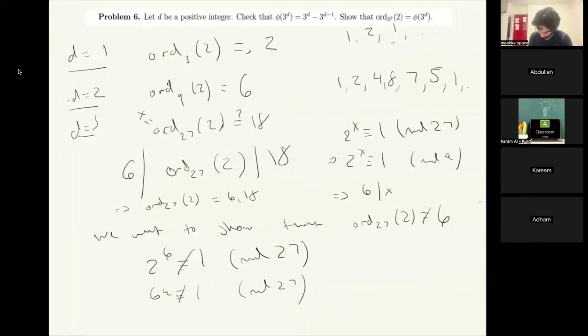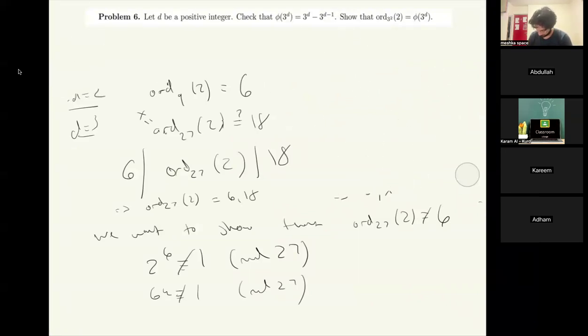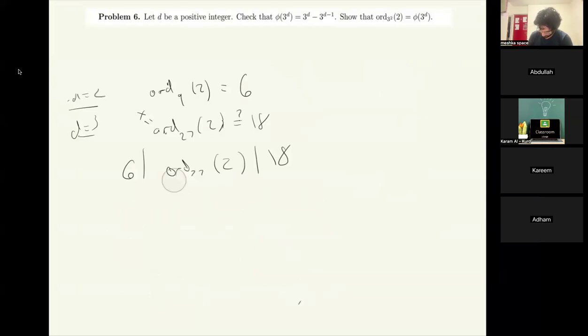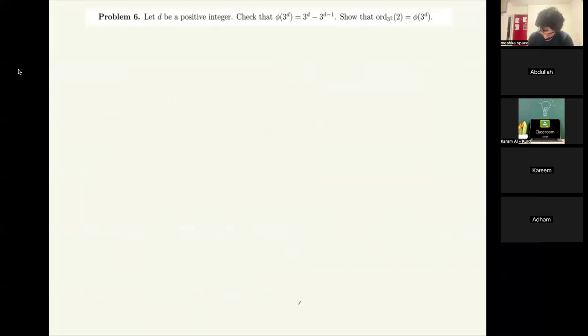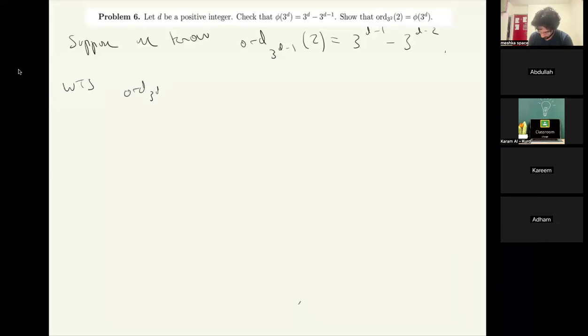What is the general argument? The general argument goes like this. Let's write it down. Suppose we know the order of 2 mod 3 to the d minus 1 is 3 to the d minus 1 minus 3 to the d minus 2. And now we want to show that the order of this mod 3 to the d is 3 to the d minus 3 to the d minus 1.